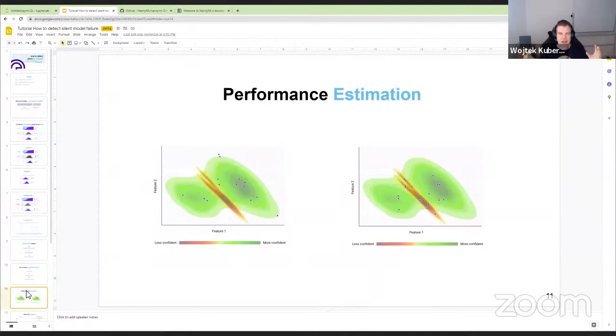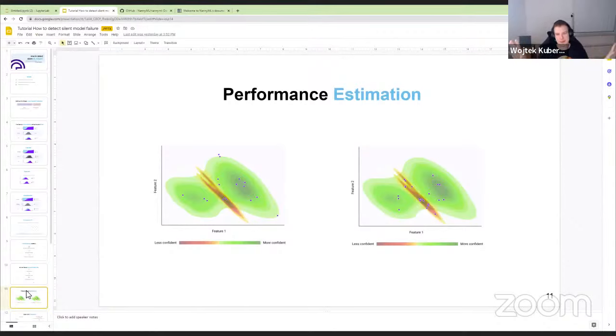Since the entire algorithm is reasonably complex, not overly complex, mind you, I'll start by giving you a high-level intuition of how this thing might work. So what you see here on the left is a butterfly data set. What you're seeing in green and red are the regions where the model that we trained is more or less confident.